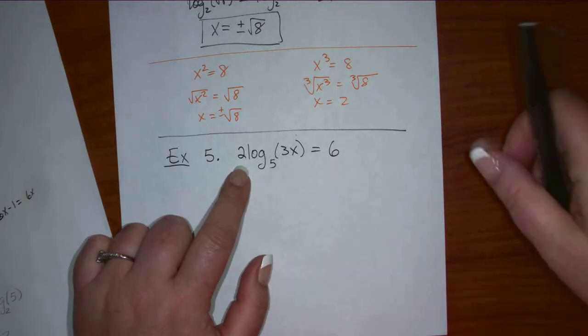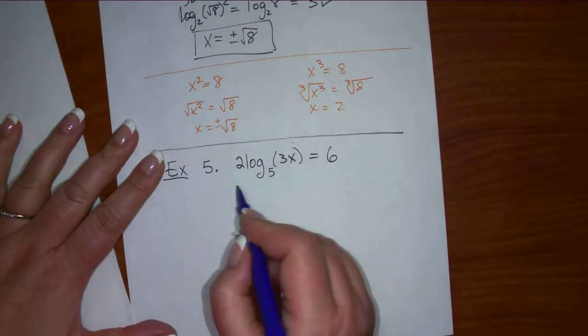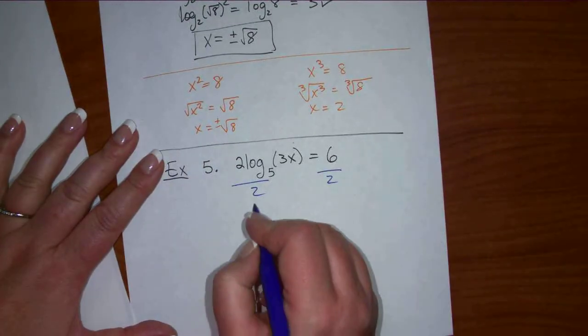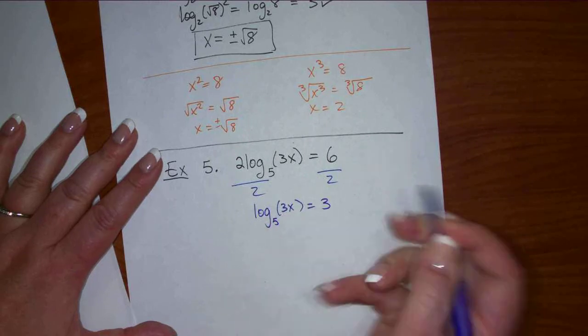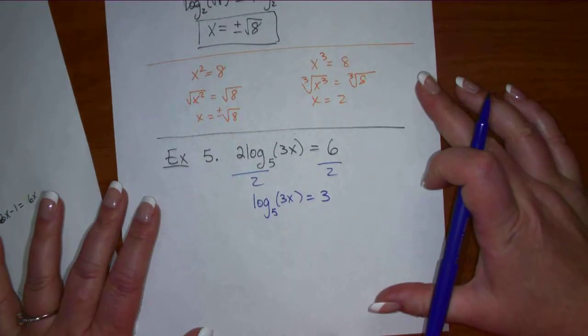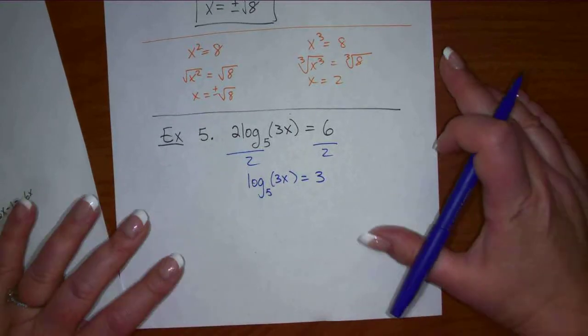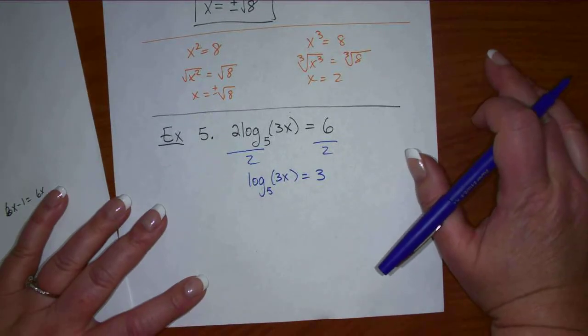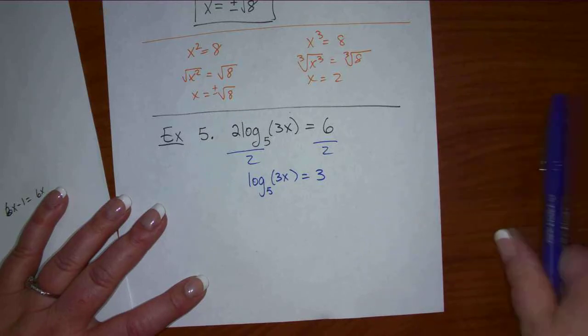So how do we deal with that first? What would we do? Right. Divide both sides by 2. So then we have log base 5 of 3x equals 3. Okay? Good enough. Now what? So it has a log only one side. You say, what's the base? 5. Put a big 5 on both sides.